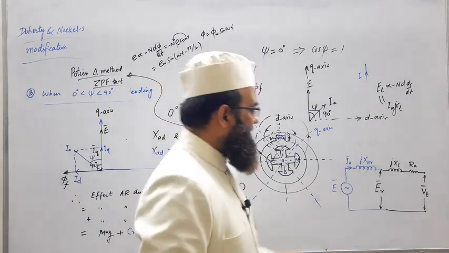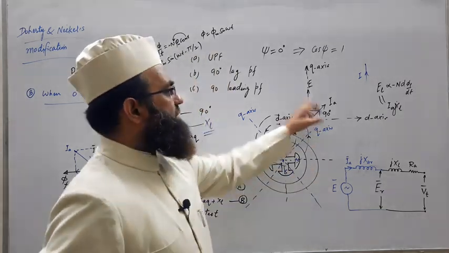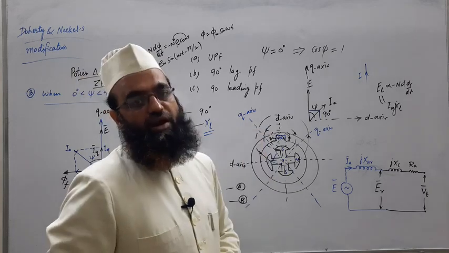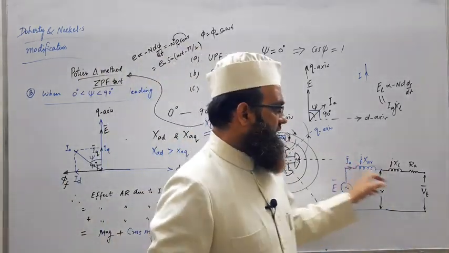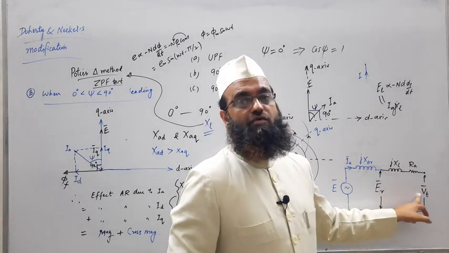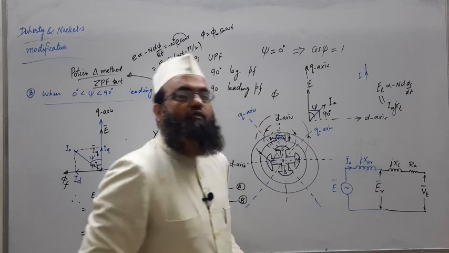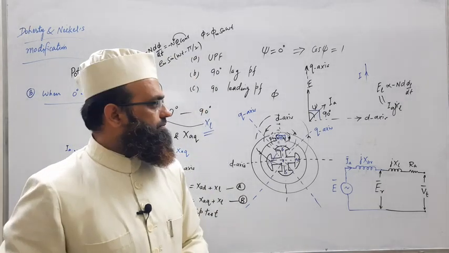The power factor angle, that is the angle between IA and the internal EMF induced, is represented by psi, and this is known as the internal power factor angle, whereas the power factor angle between the same armature current and the terminal voltage is generally represented by phi and known simply as the load power factor angle.